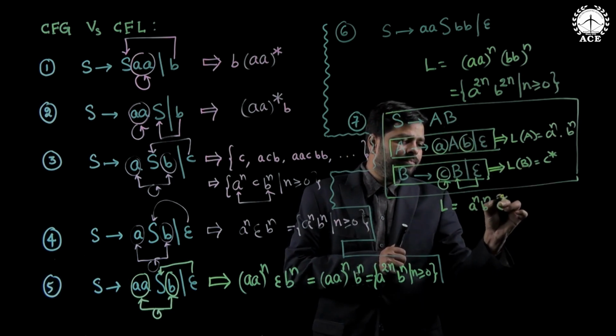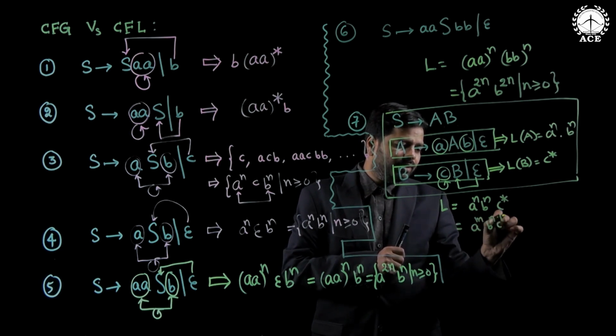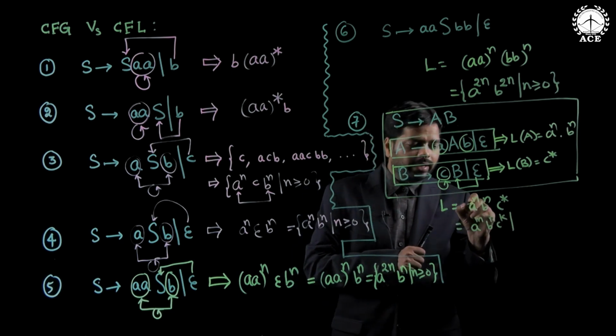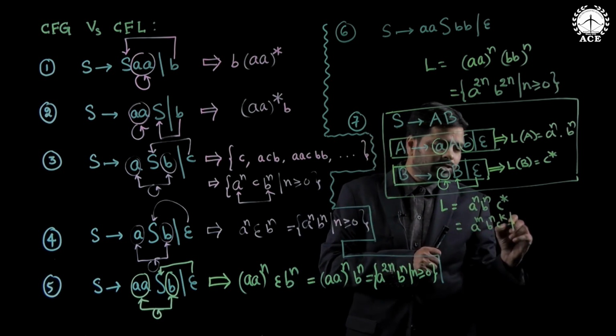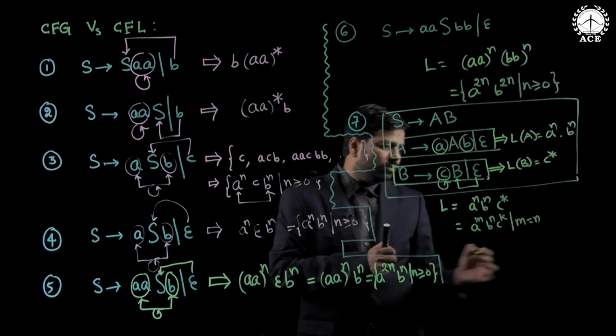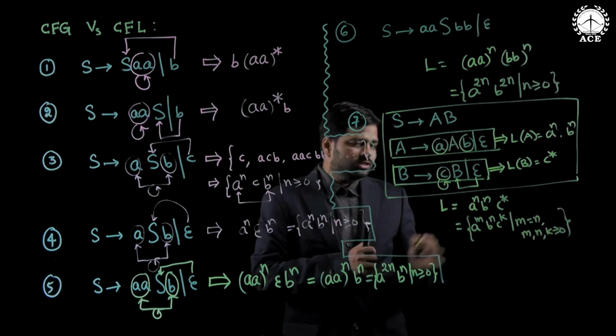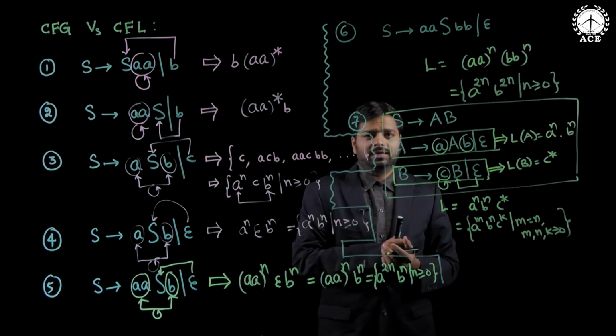It is c star. And you can represent it in many ways, that is a power m, b power n, c power k, such that, you know a's and b's should be equal, so m is equal to n, and all of them are greater than or equal to 0. So you can add one more condition, m, n, k greater than or equal to 0. So this is how we represent the language.